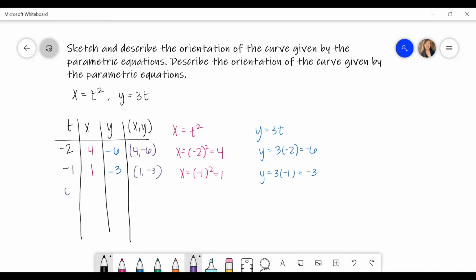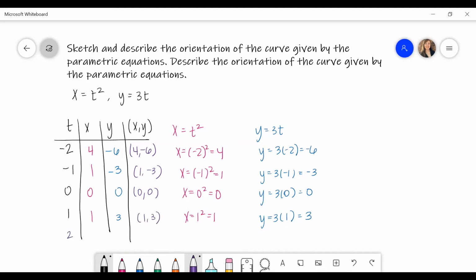Okay, 0 is a good number, so let's plug in 0. So you've got x is 0 squared, well, that's just 0, right? And we're also going to see 3 times 0 is also 0. So we end up with 0, 0. And then we've got 1, so x is 1 squared, that's 1. Y is 3 times 1, that's 3. 1, 3.